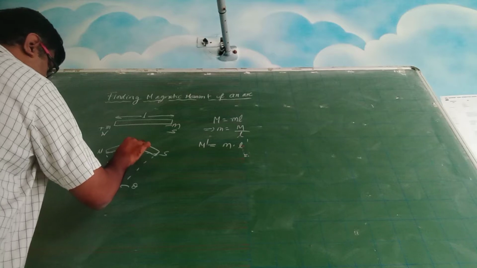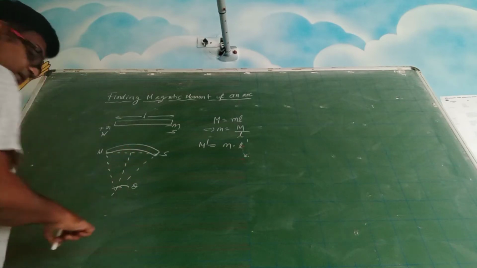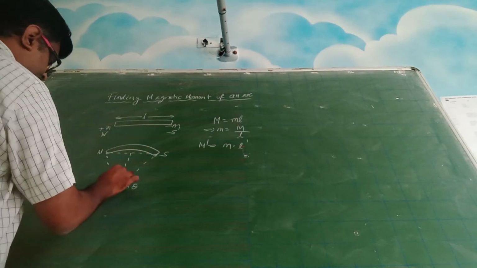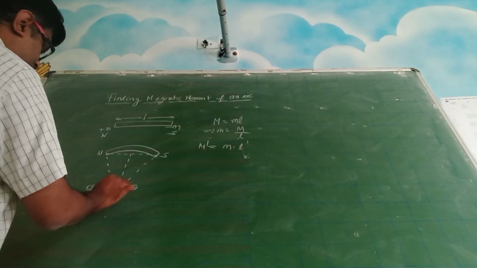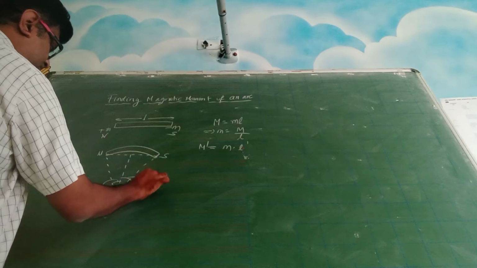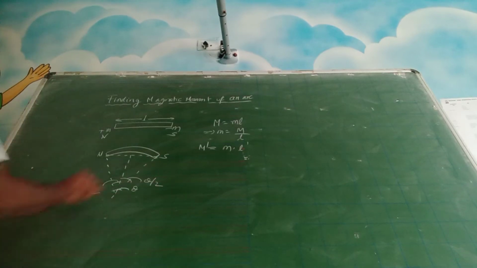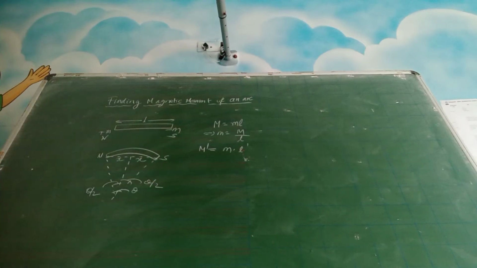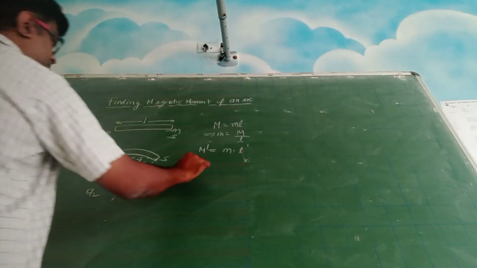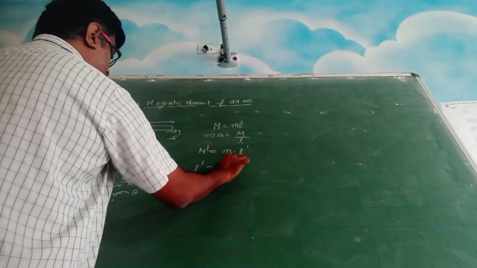So to do that, we need to draw a perpendicular here. Because they are symmetrical, this small angle will be theta by 2, and this will be theta by 2. If you say this is x, this is also x. So basically we have to find L dash is equal to 2x.